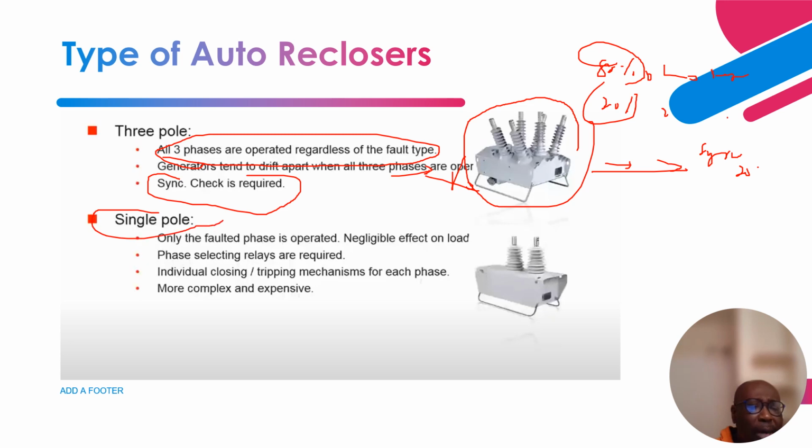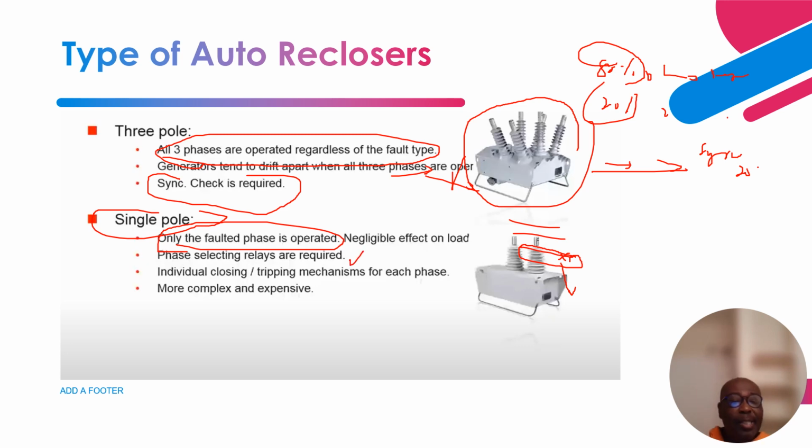Next is single pole. Basically there are three poles, one for each phase, and only the faulted phase operates. If you have three phases and the fault is on one, only the pole connected to that phase is going to operate.